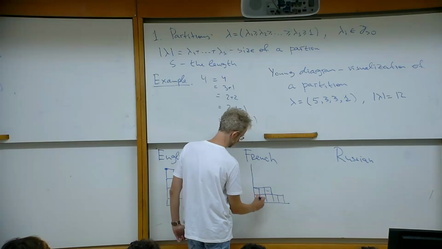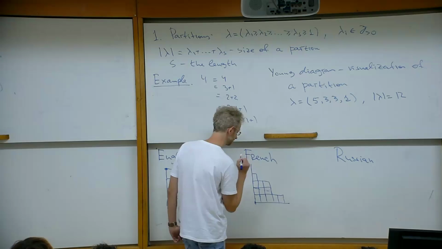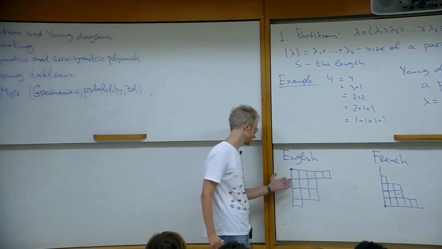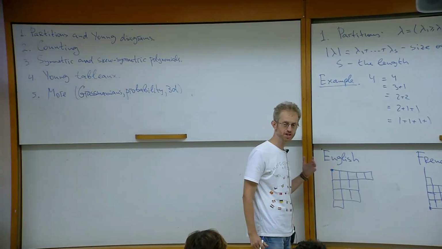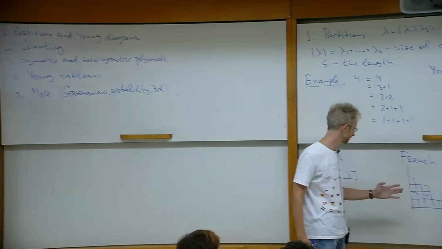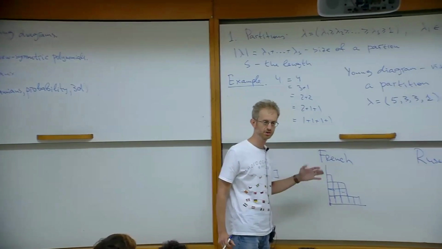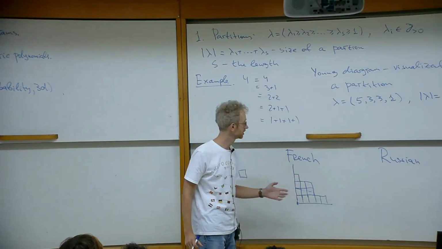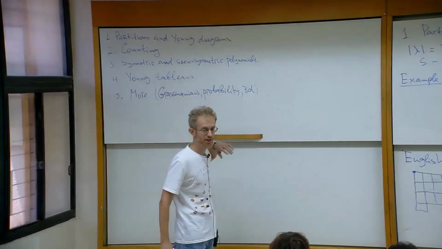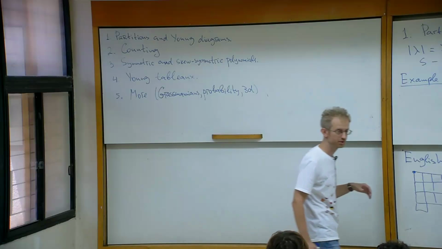And then 3 more. And then 1. Actually, this is mostly used in representation theory. So the French notation is very convenient if you want to attach coordinates to your boxes, and in particular for some generalizations like 3-dimensional Young diagrams. This is also very useful.